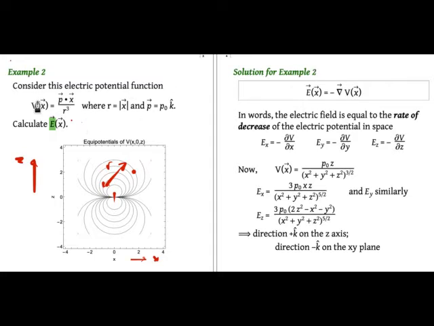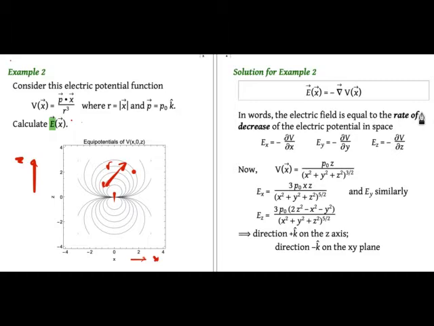Well, okay, so you have to know that the electric potential is related to the electric field by this relation. E is minus gradient V. In other words, E, the vector, is the negative of the rate of change of the potential in the 3 dimensions. Or it's the negative rate of decrease of the potential.